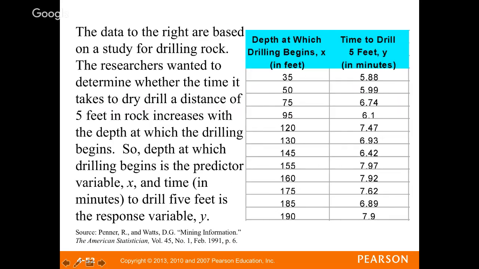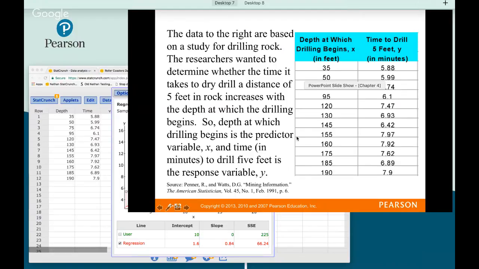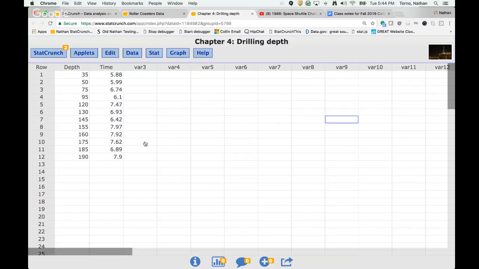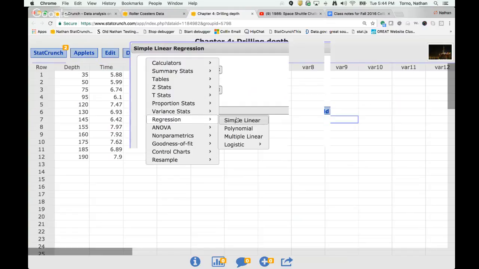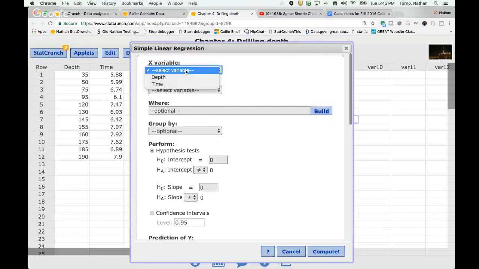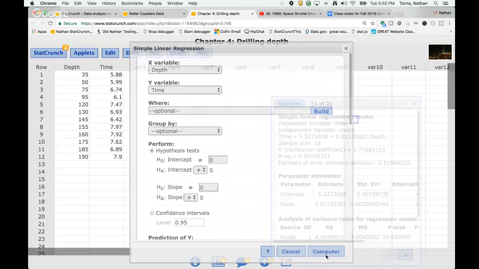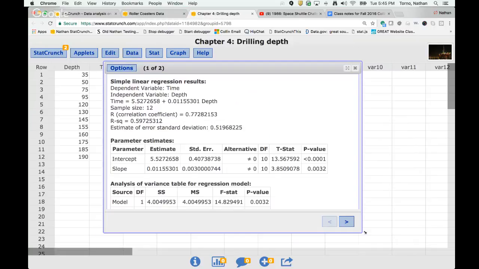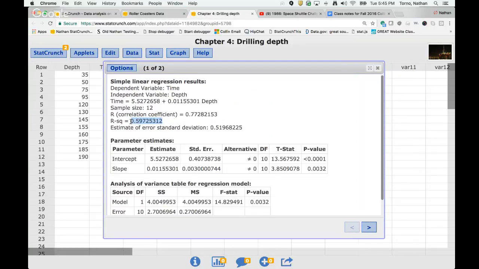So I'm going to go back to the notes on StatCrunch. I show this: regression, simple linear, and I'm looking at depth to predict the time. Same thing we've done before. We end up with an R of 0.7728 right here, and an R-squared of 0.597.